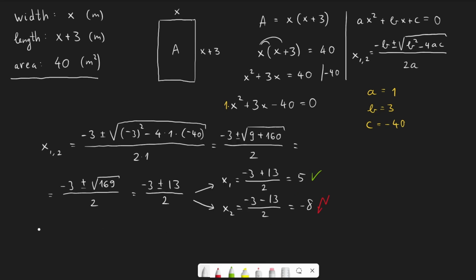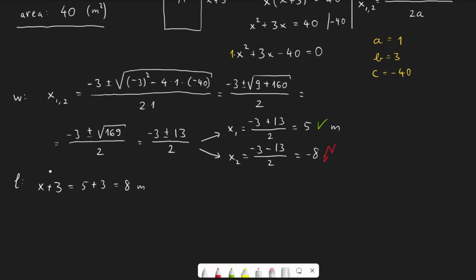And let's calculate also the length of the garden. So here, this was our width, and the length of the garden is x plus 3, which is 5 plus 3, which is 8 meters. This is also given in meters.